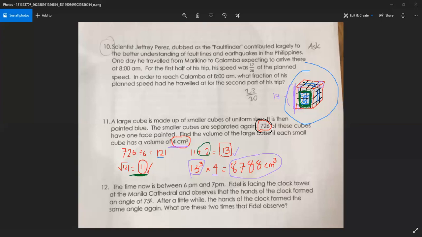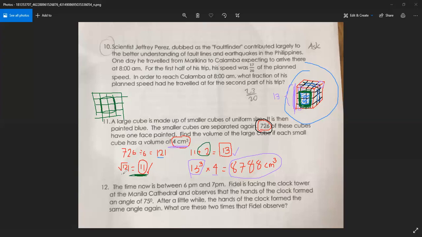Yes. Now, we need to count the number of cubes. Let me draw another cube now so that it will be clear. The front face na lang. Okay. So assuming that that's the front face of the cube. So again, this part is 121. There are 121 cubes. We need to identify the length of this one. And how to get the length of this one?